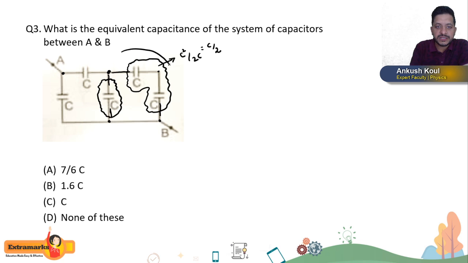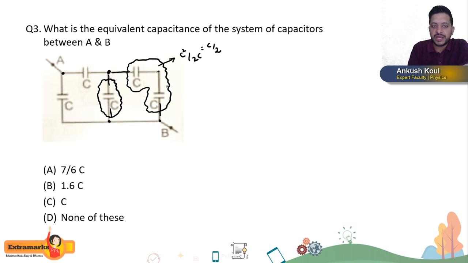If you consider this as one vector and this as another vector, what I told you, the tail of one vector must be connected to the tail of another vector and the head of one vector must be connected to the head of another vector, and there must be no other capacitor on these connections. Same as what we are seeing. So what we can conclude is that these two surfaces are in parallel with each other.